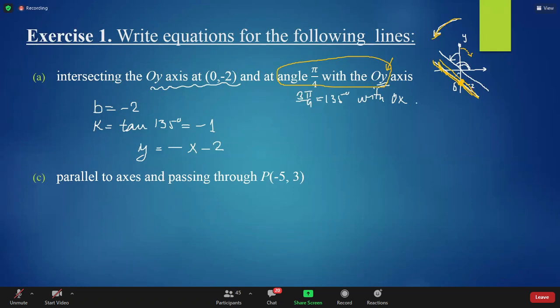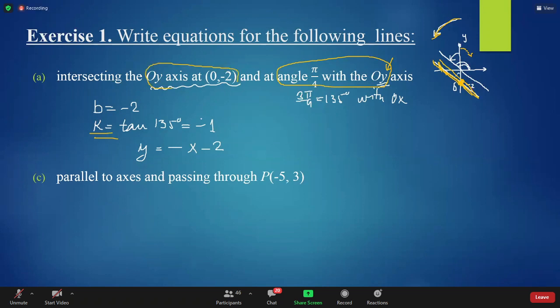But in principle, if you have an angle with an axis, you can find the tangent, you can find the K value. The tangent of the angle with the x-axis gives us the slope. And so we can write the slope-intercept equation, because we can already see the intercept of this line.